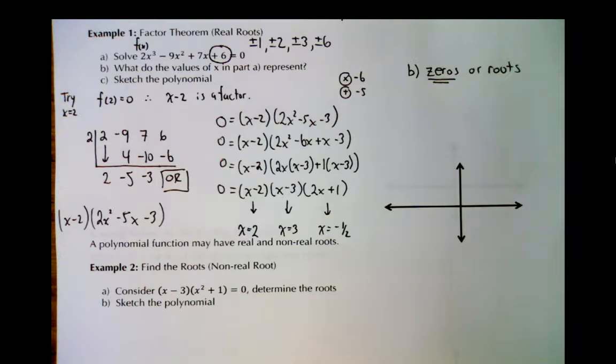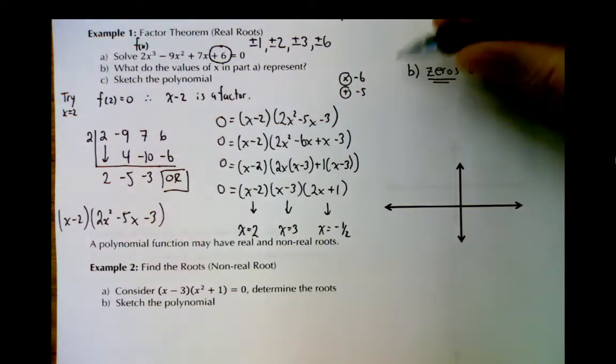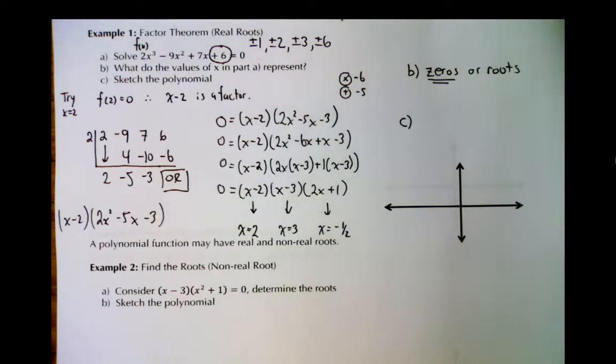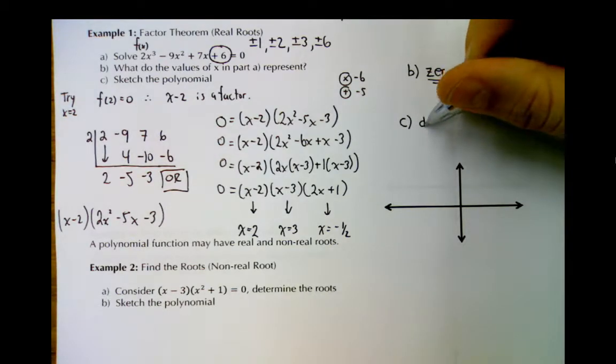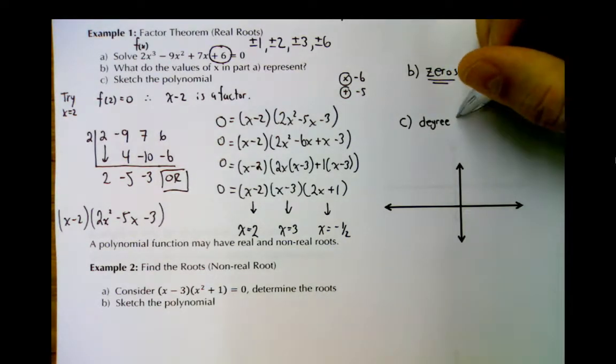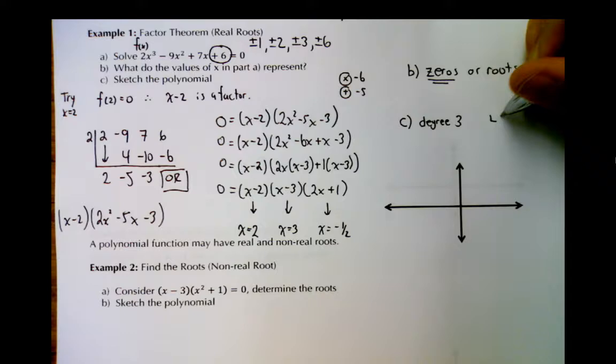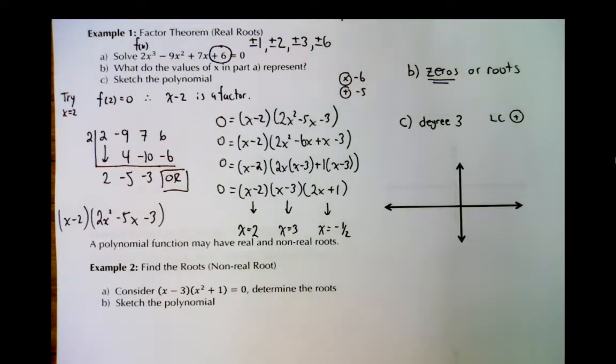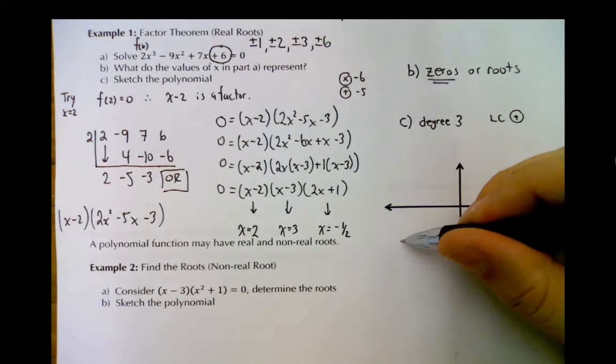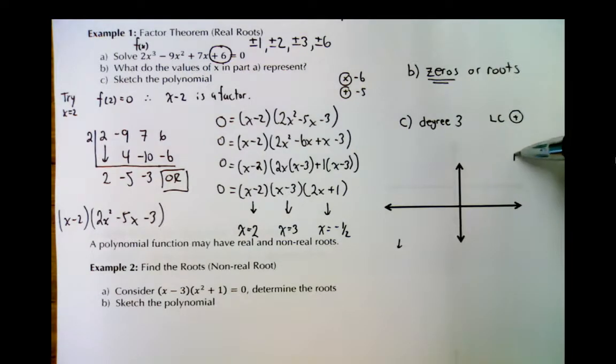To sketch, we have to consider a couple things. We know this is a degree 3. We know the leading coefficient is positive. So that means we're going to start low, end high.